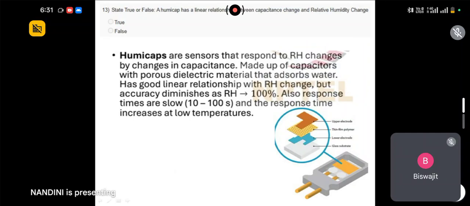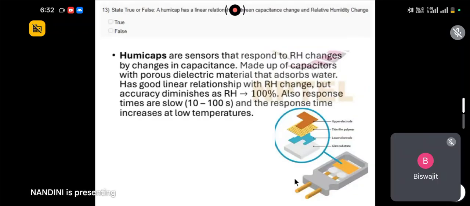The next question: a humicap has a linear relationship between capacitance change and relative humidity change. So what are humicaps? Humicaps are used to measure relative humidity. They measure it by changes in capacitance.